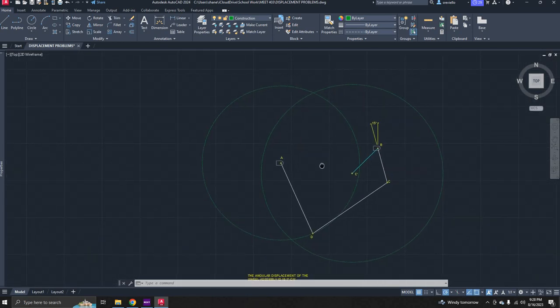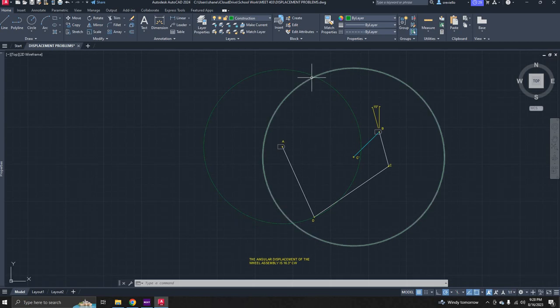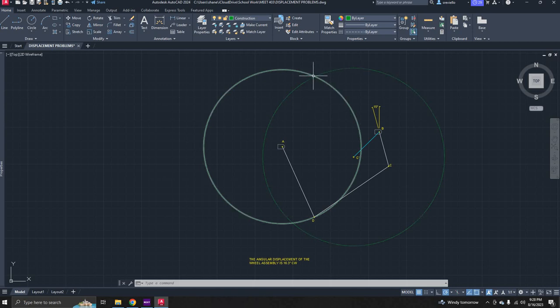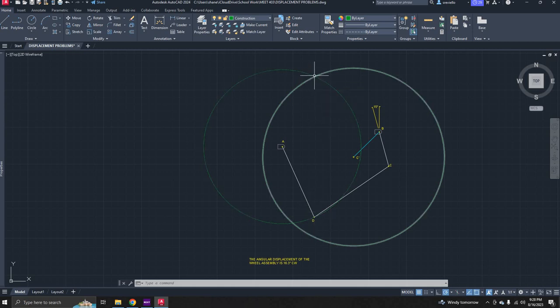So we need to figure out which place it's going to land. Now you have to use just a little intuition here. If you look up here, really point D isn't going to land up here. It's just not. The way the mechanism's moving, it would have to jump. This is one of the inversions that we had talked about in our notes.